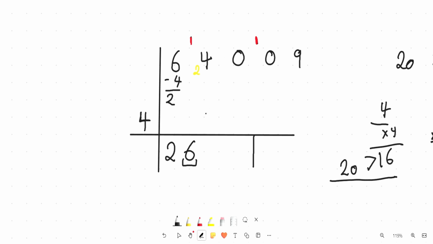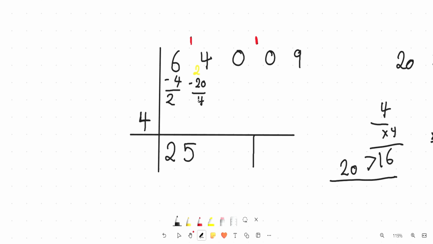We should prepare for it in advance by taking a smaller number like 5. And this step might be difficult to foresee as to what number you can take, and even I struggle with it sometimes, but it will get better with practice. So 4 5s are 20, so minus 20, remainder of 4.